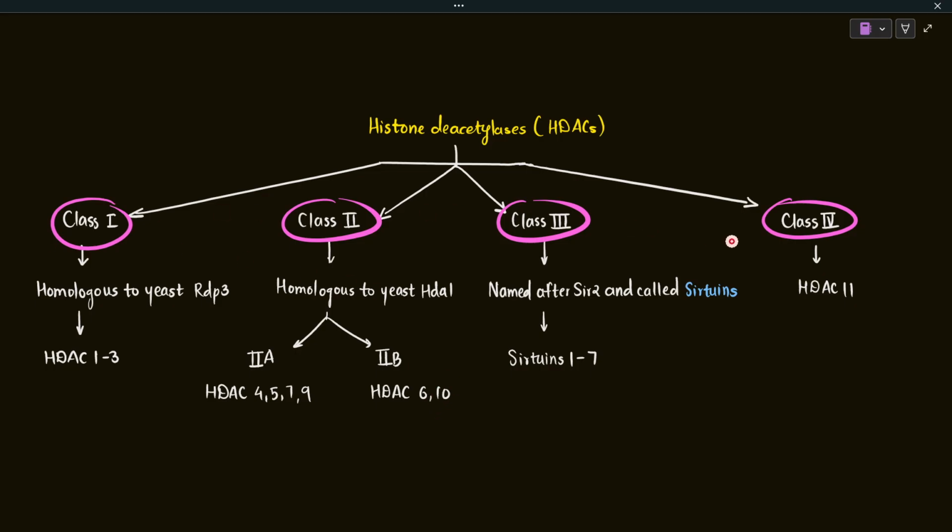These classes are different because they share different sequence homology. All of the class 1 HDACs like HDAC 1, 2, 3 have some sequence homology, and that is why they are put in class 1.